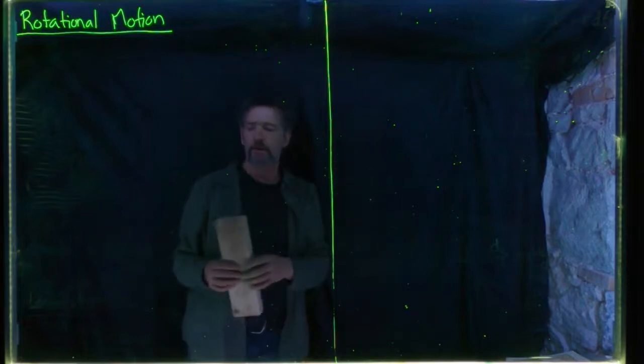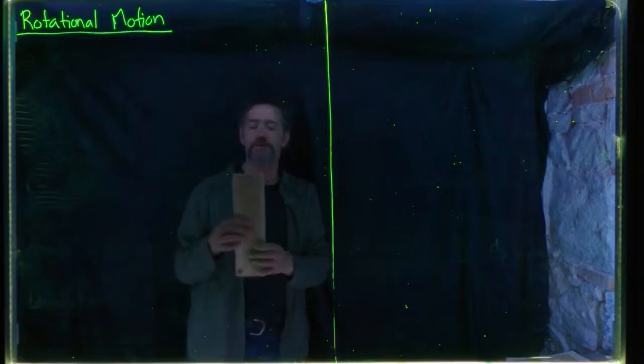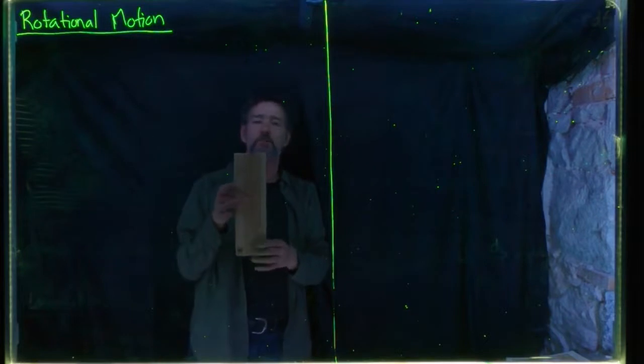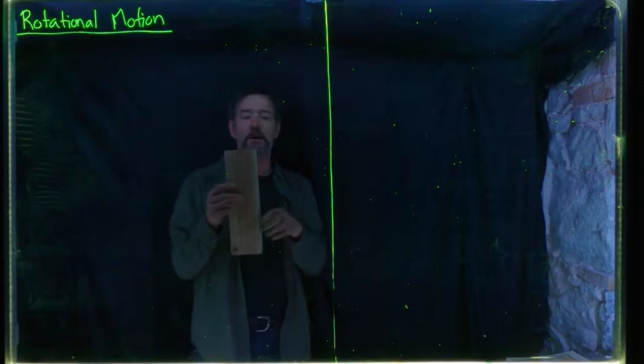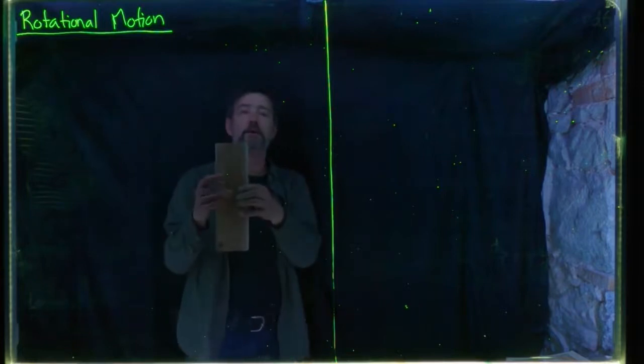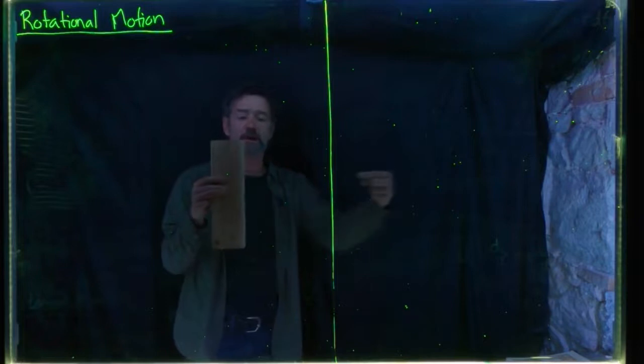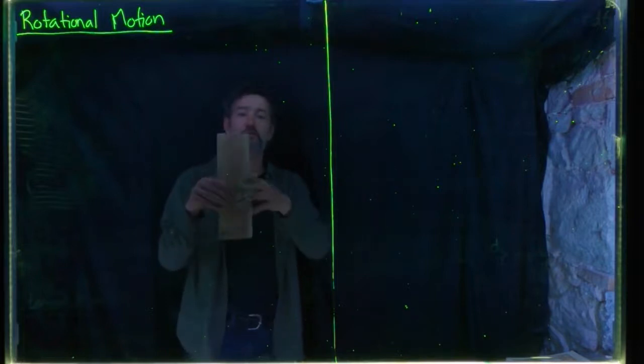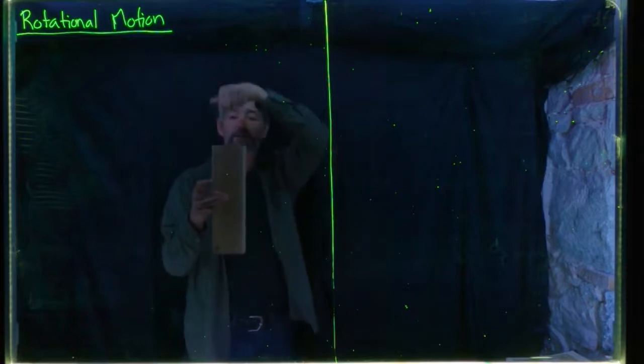So for instance, this object can be rotating about its center of mass point around an axis in this direction, so like this. It could also be rotating about its center of mass around an axis in this direction. It could also be rotating about its center of mass around an axis in this direction.